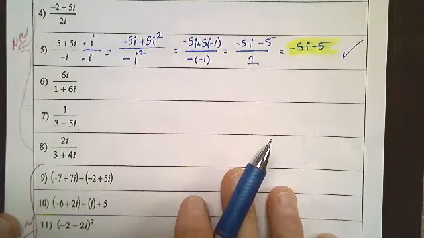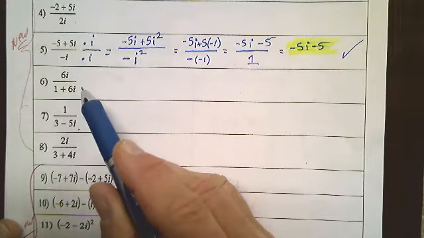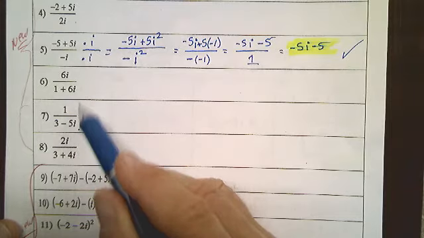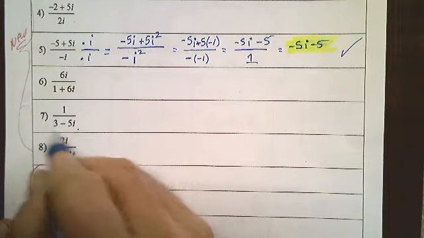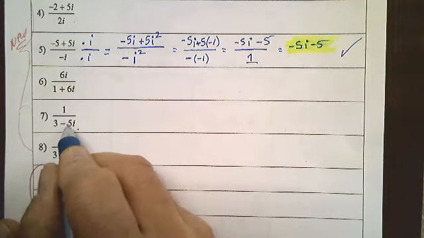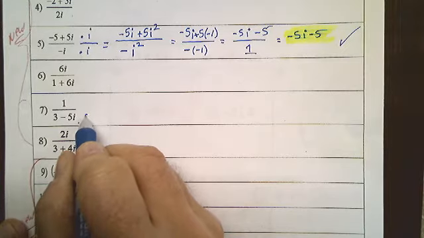No. So now I go to 6, 7, and 8. I'll just keep my same pattern here. So what you want to do is you're going to multiply by the opposite of this binomial, which is 3 plus 5i.